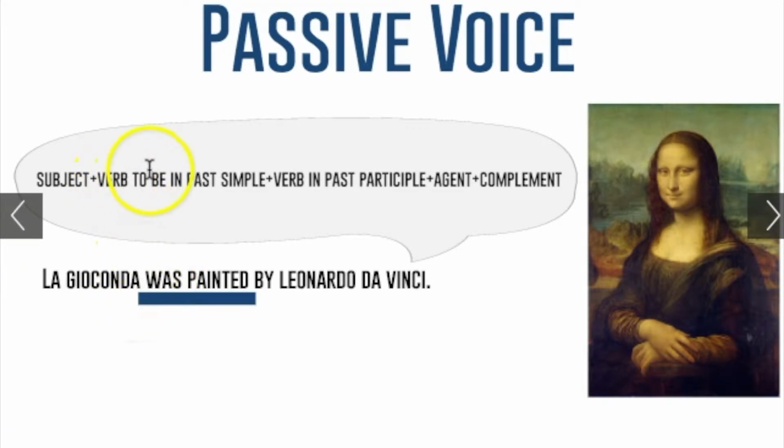Then we have the verb to be in past simple that refers to La Gioconda, that's why it's in singular, and painted, that is the main verb in past participle. And as we mentioned in the last tense, we use by as a preposition to emphasize the person who performed the action, that is Leonardo da Vinci.